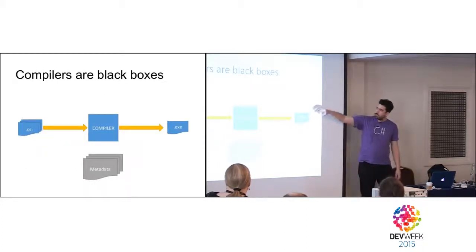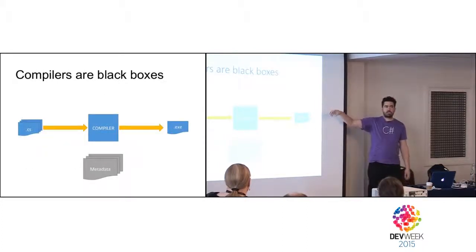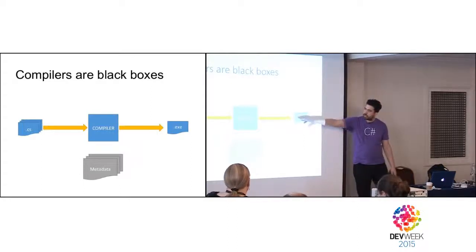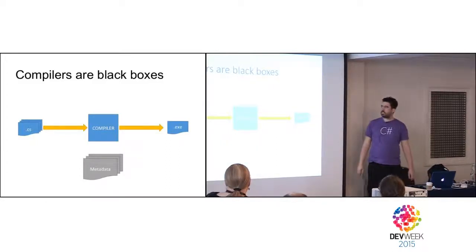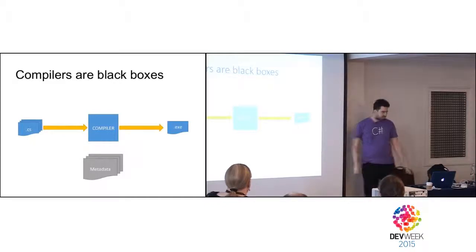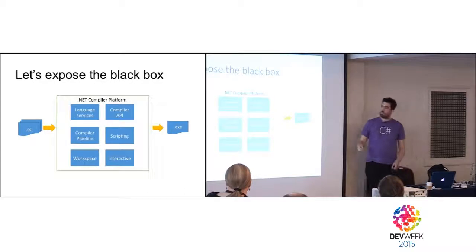When it was a black box, the old C# compiler was written in C++ and a little bit of managed code. In this magical step where it creates code, it creates a lot of metadata, which is then promptly lost. And that metadata is really important. Why? If you take a look at what services are now part of the compiler platform, when you open Visual Studio and open a C# file, what do you get?